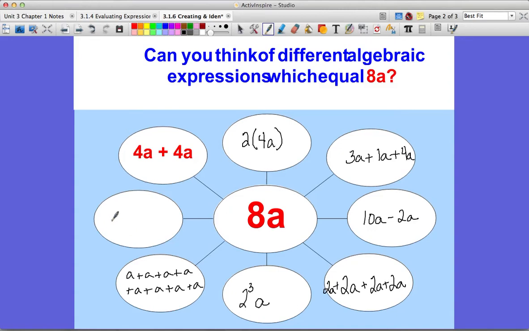Or we could break it down into another subtraction one, so we could do 18a minus 10a. We're trying to get 8a. Okay, so all of these would be equivalent to 8a. It's just a matter of breaking it apart the correct way.